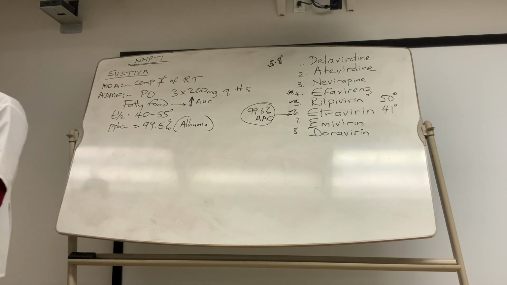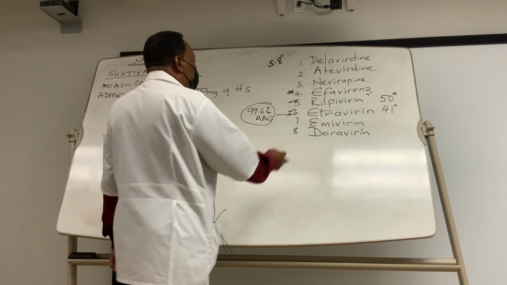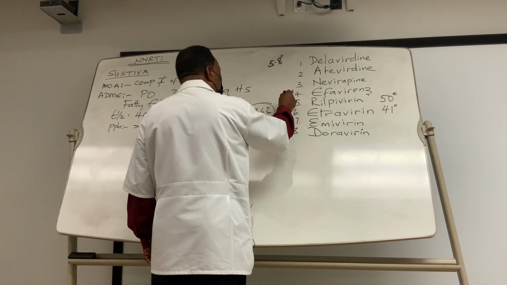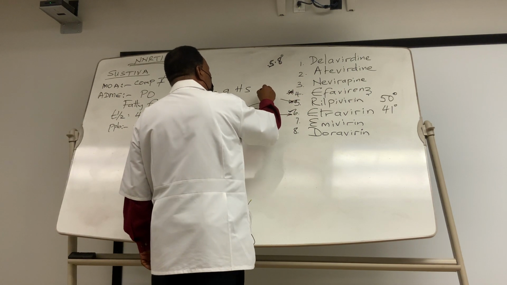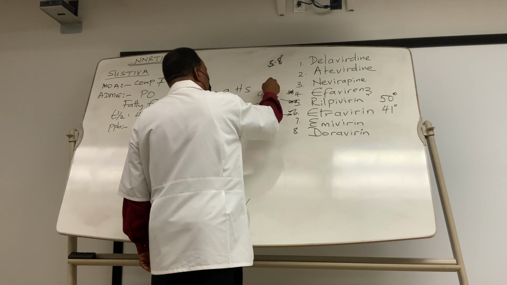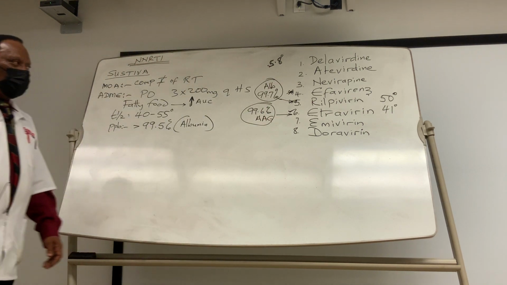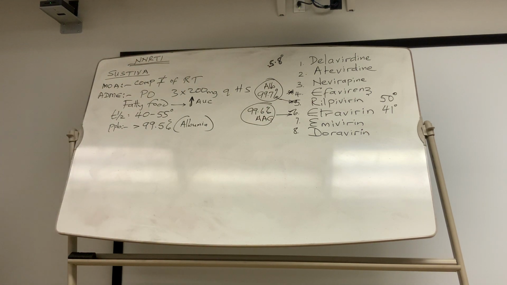If you look at rilpivirine, that is about 99.7% plasma protein bound, and it binds to albumin.